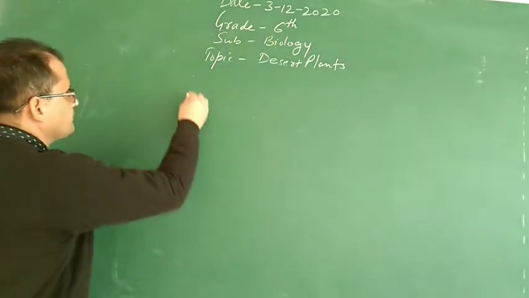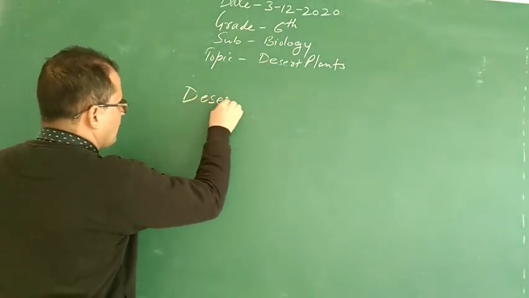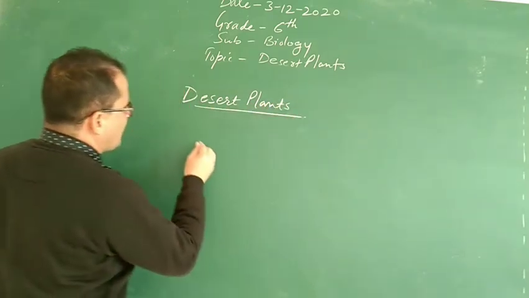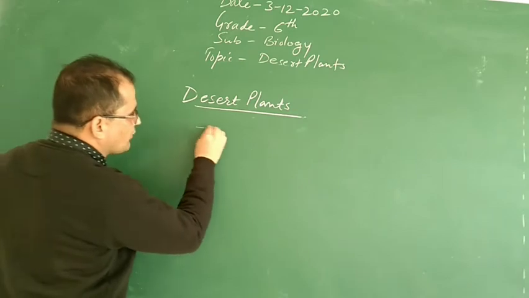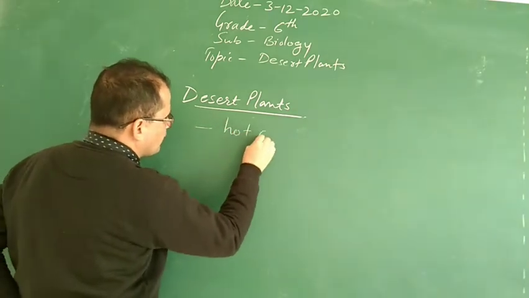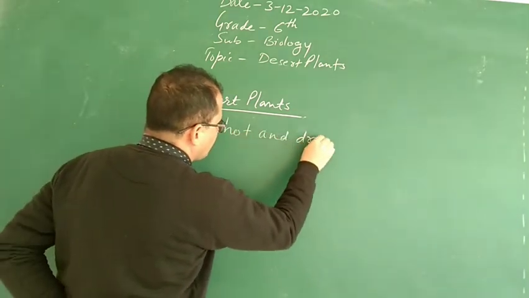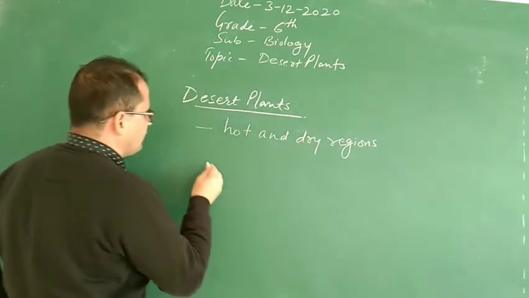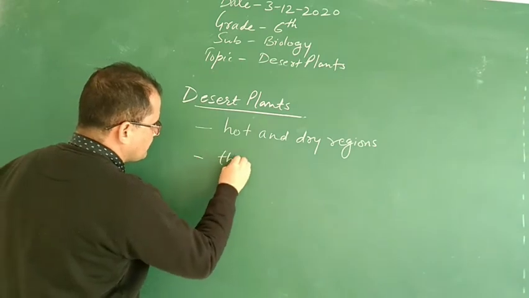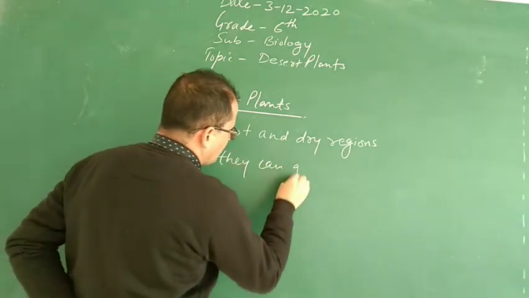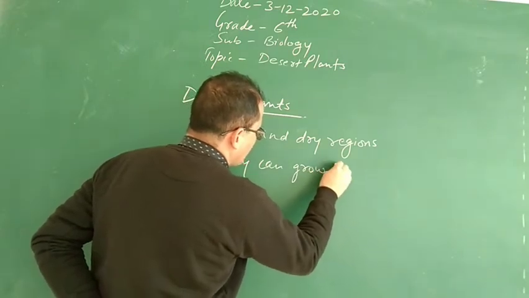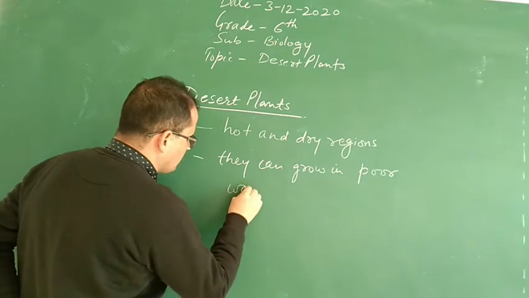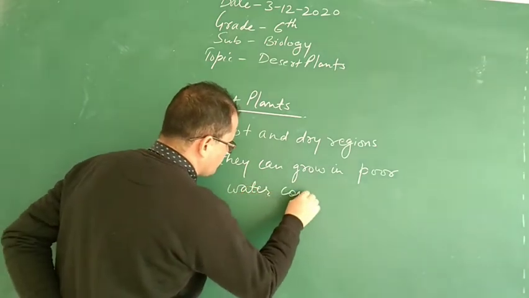Okay, you can see here, desert plants have the ability to survive in hot and dry regions. Means they can grow in poor water conditions.